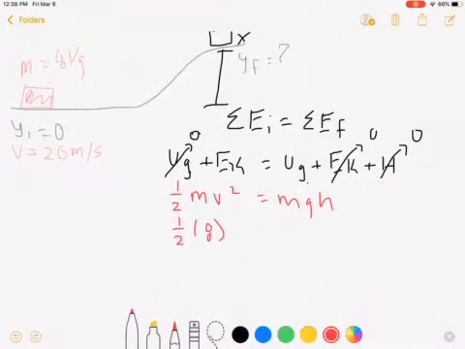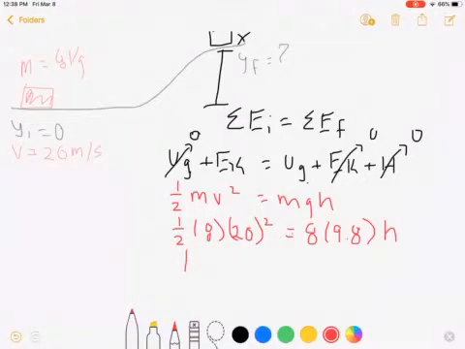Sorry guys, it's difficult on here to write these numbers accurately, so just give me 1 second. There we go. That's equal to 8 kilograms times 9.8 meters per second squared times the height of our object.